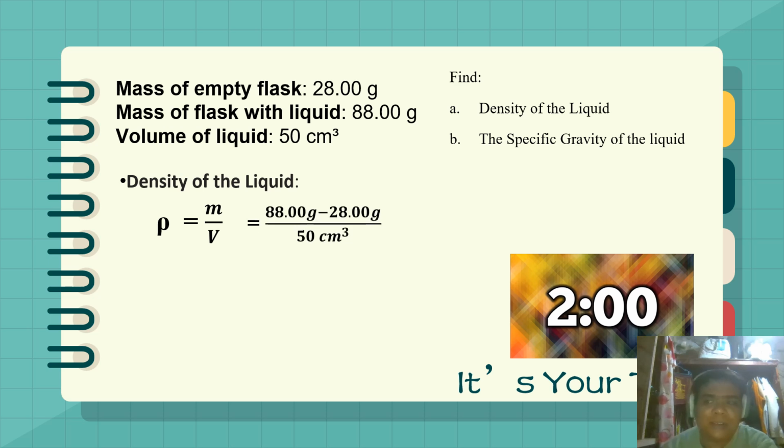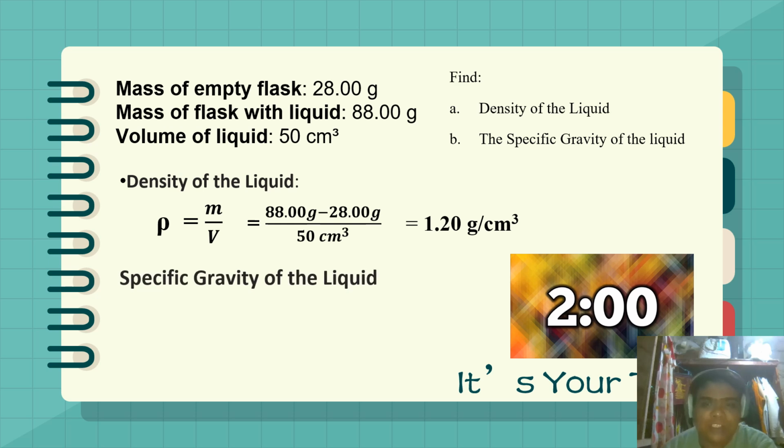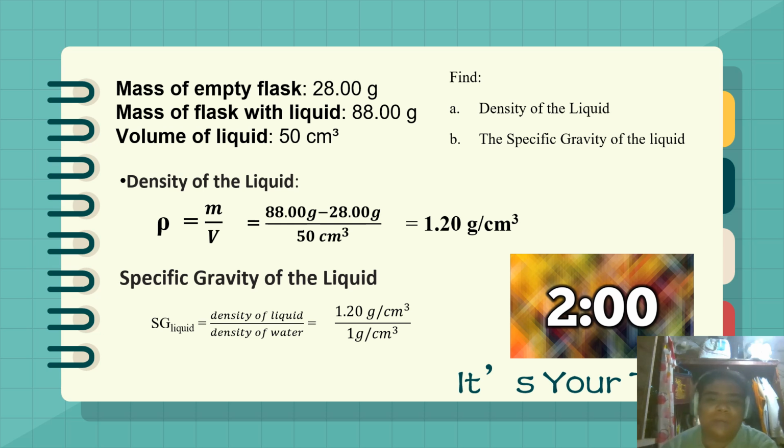Following the same procedure, it will be 1.20 gram per cubic centimeter as well. And that will also be the density of the liquid over the density of water. Again, 1 gram per cubic centimeter is constant, and that will give us 1.20.